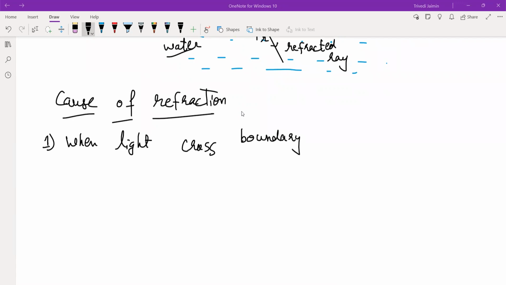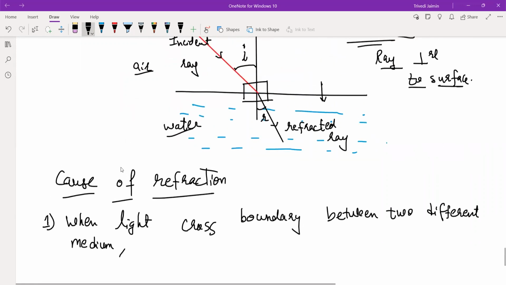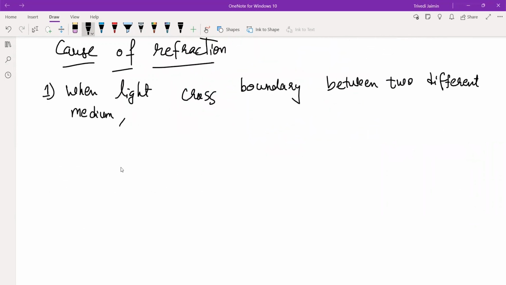Yeah, you can write changes the medium also. Different medium. So what happens then? It deviates. See there, in the diagram you can see it deviates from the original path.